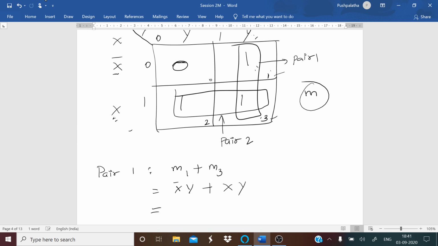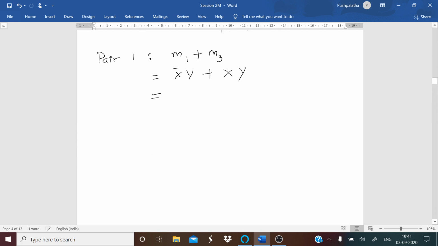As we said in the last class, in the last example, do not take into consideration or remove, do not write the variable which changes from one expression to another. So x bar and x is changing, so do not write. What remains here?